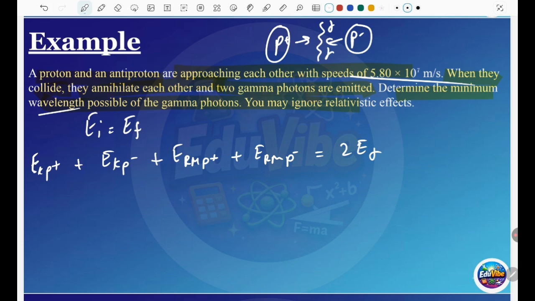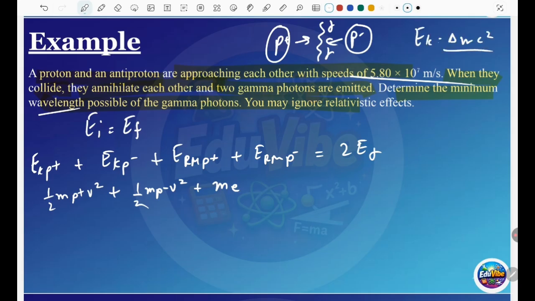The kinetic energy of the positive proton and of the negative proton cannot be cancelled in this case, because they did not say that the energy is negligible. We have to take that. So it is half m_p v squared plus m_p c squared, plus half m_p v squared plus m_p c squared, using the mass energy equivalence.